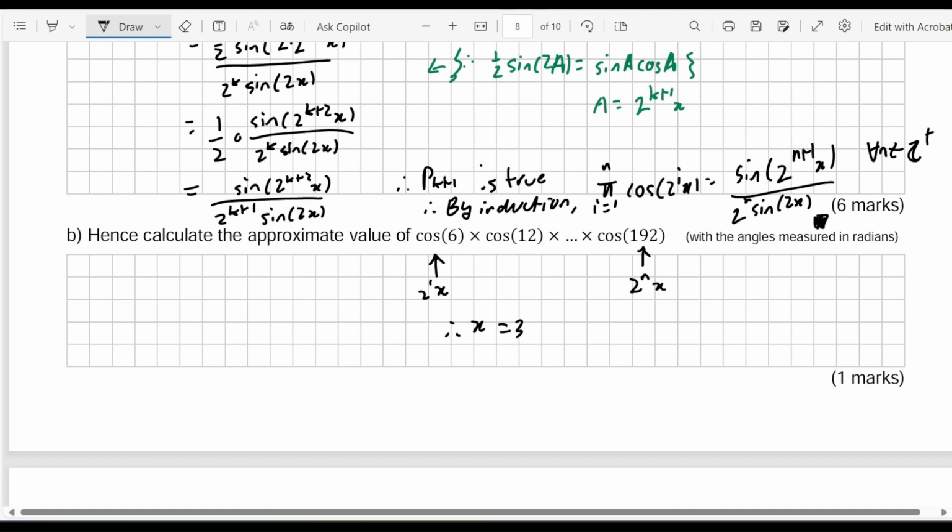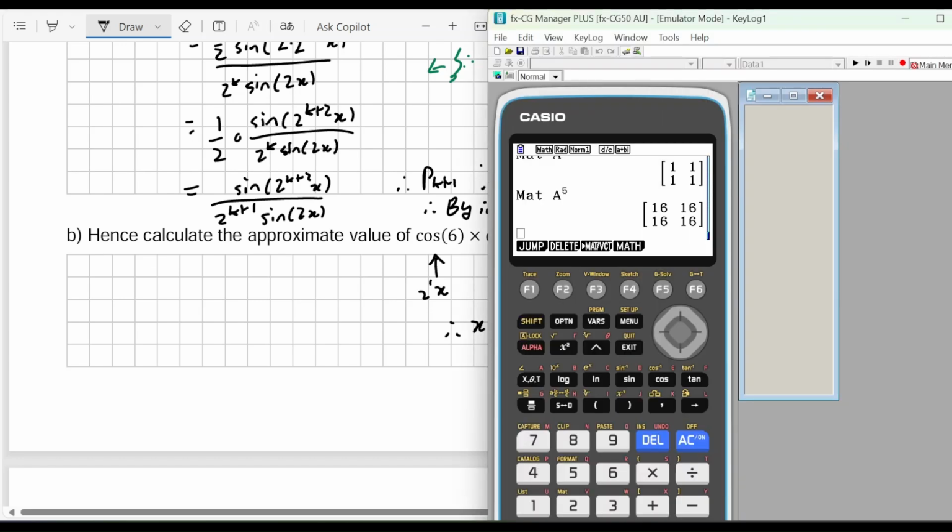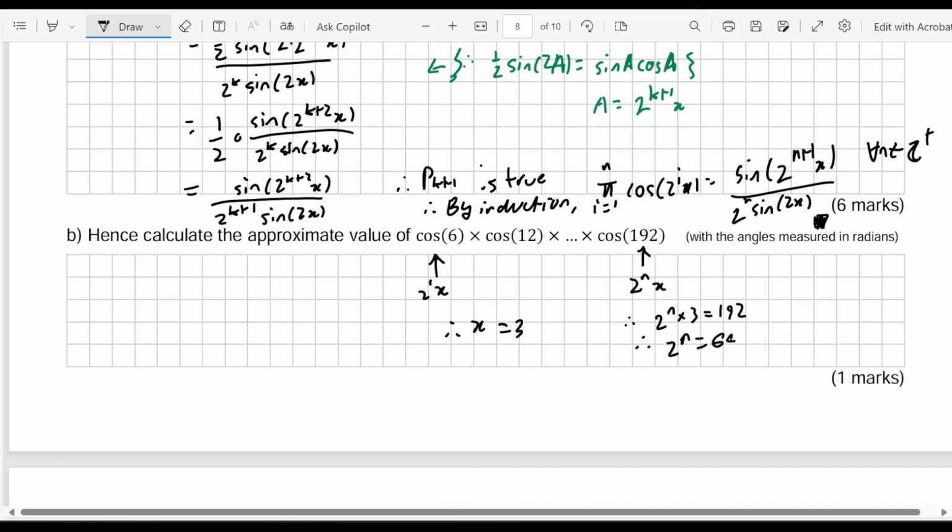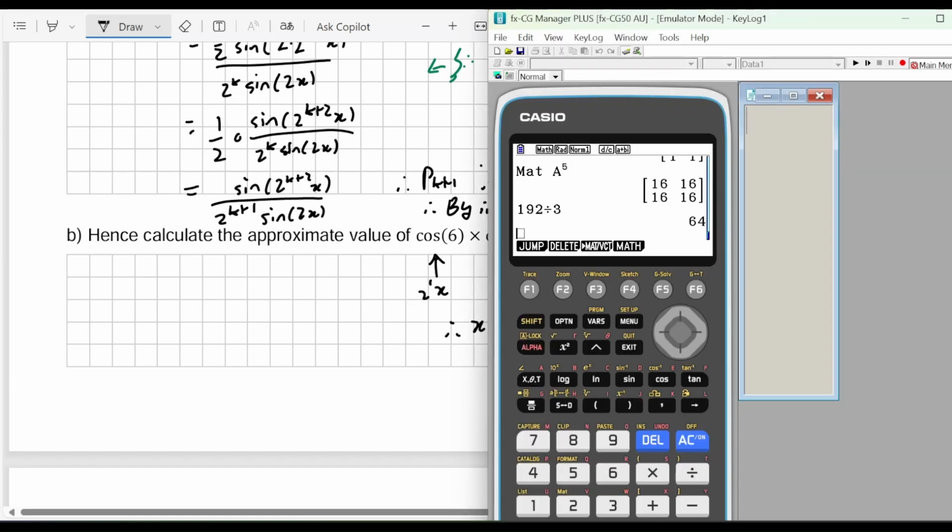And then we can solve this one. Therefore, 2^n times 3 is 192, so 2^n is 192 over 3, which is 64. And that gives us that n is 6. Let's check it: 2 to the power of 6 is 64.